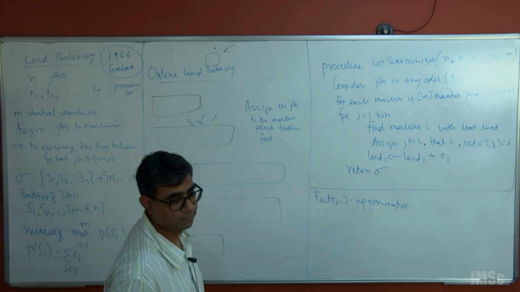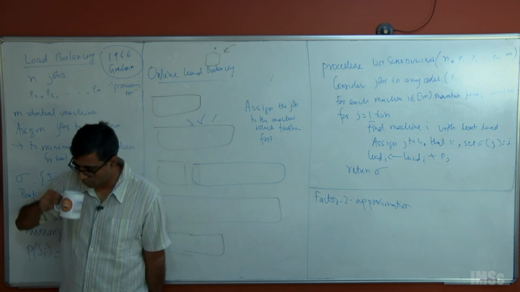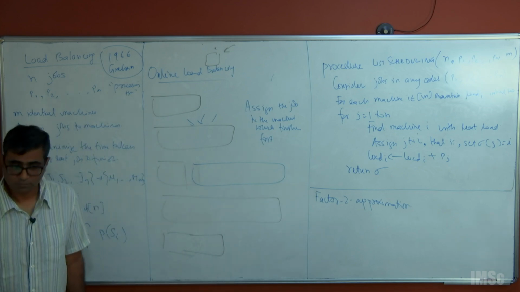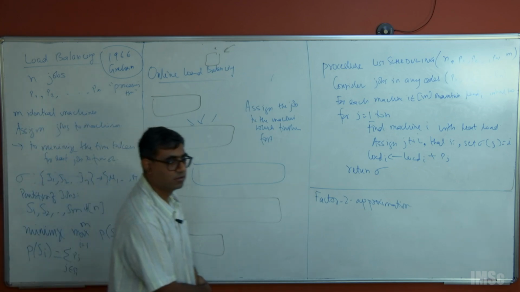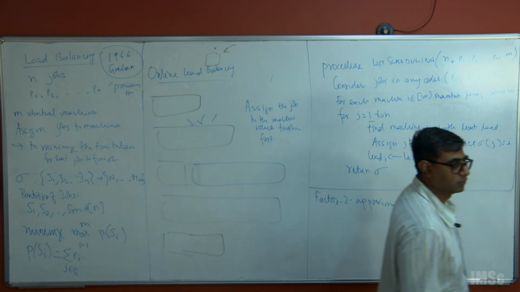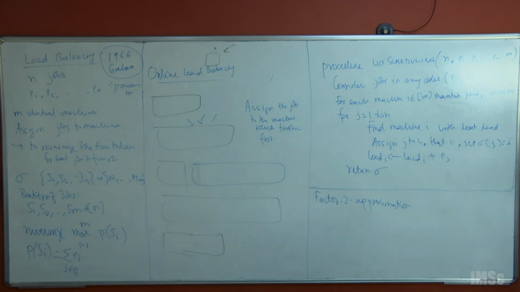So what do you think? Imagine you have buckets of water, like some cans of water of different kinds. And imagine you have 10 big places to hold this water, and you want it to be as uniform as possible.